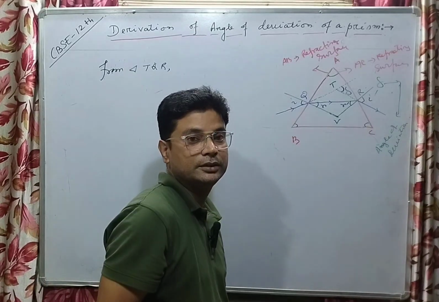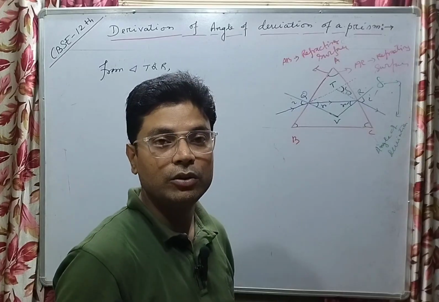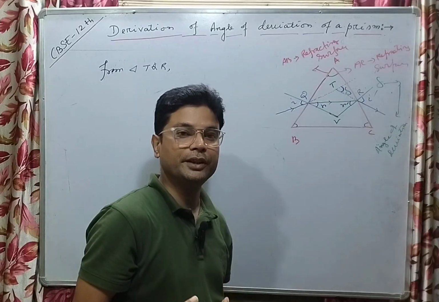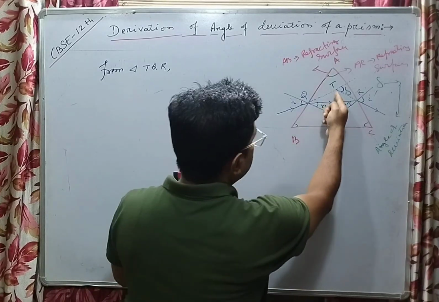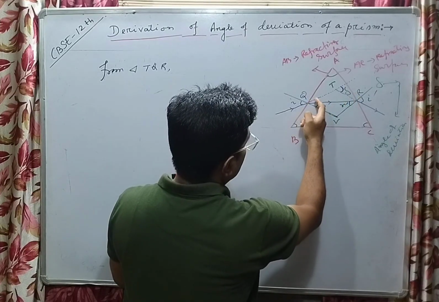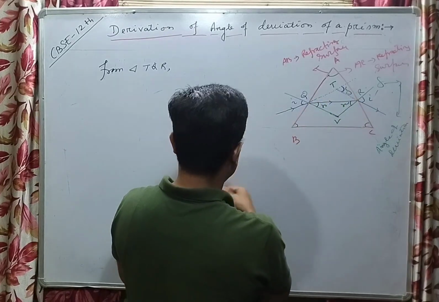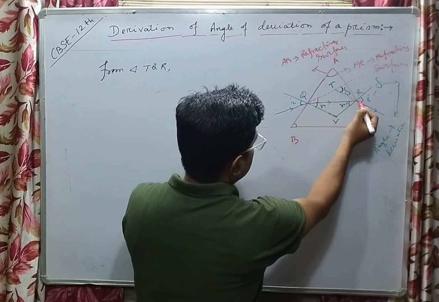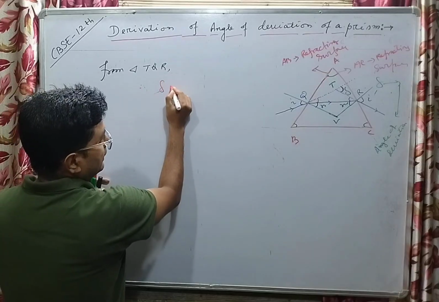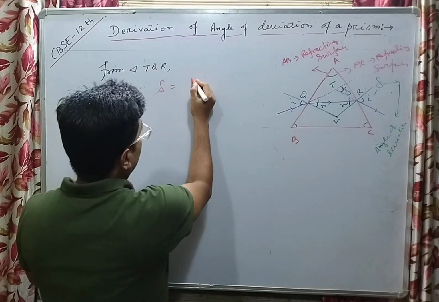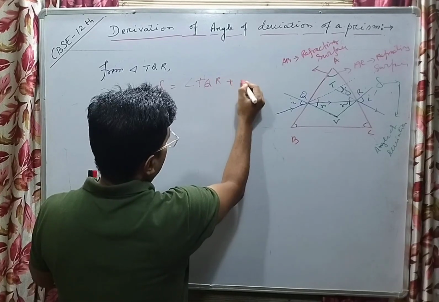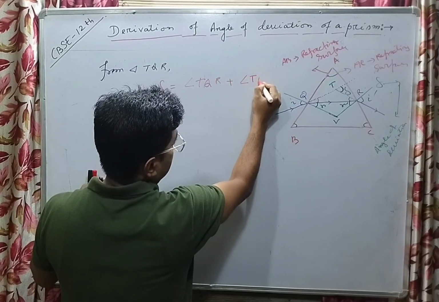What was it? The external angle of a triangle is equal to the sum of the other two internal angles. Therefore, in the triangle TQR, delta is equal to the sum of this angle and this angle. Therefore, delta is equal to angle TQR plus angle TRQ.